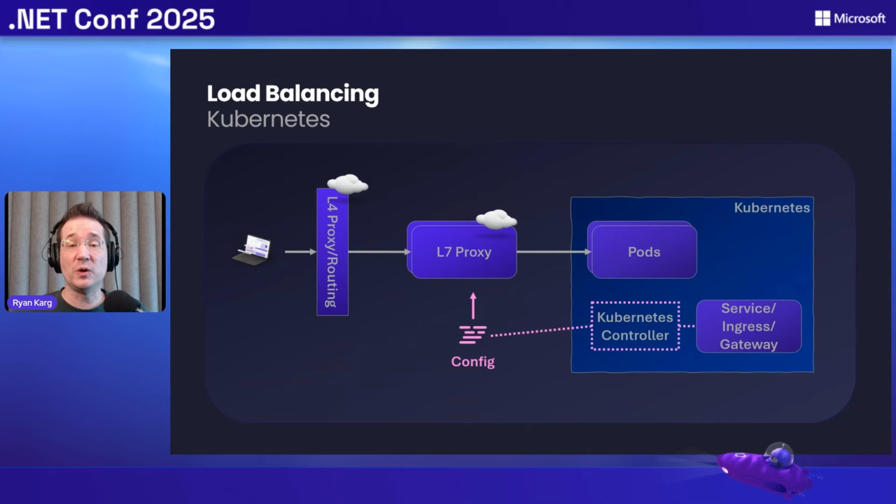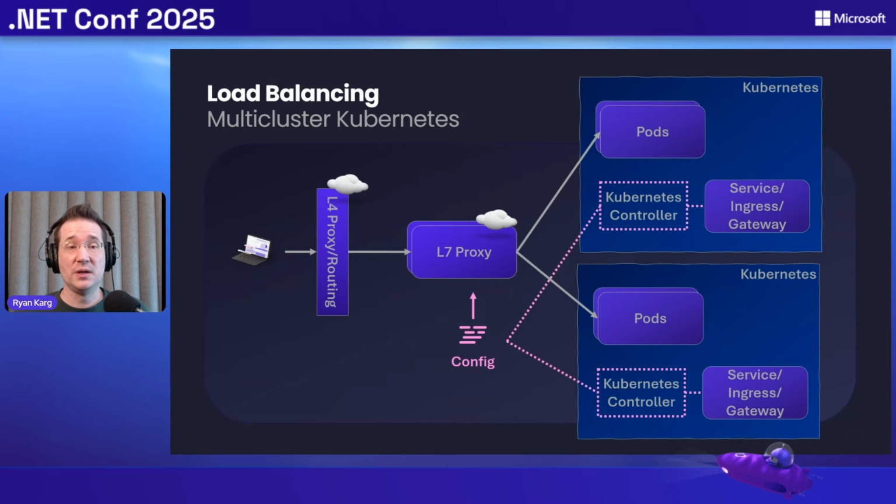So if we imagine what we would like to happen, we have these multiple Kubernetes clusters that are each running the same workloads. So a service gets deployed, it runs pods in both of the clusters, and they're going to be running their controllers to discover these services and pods that are running.